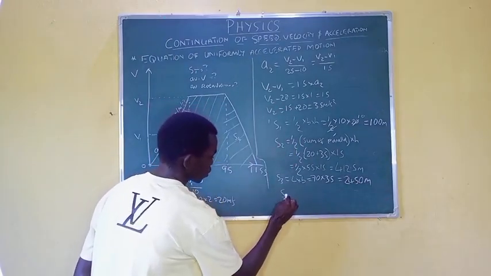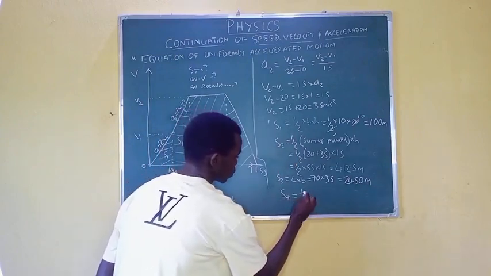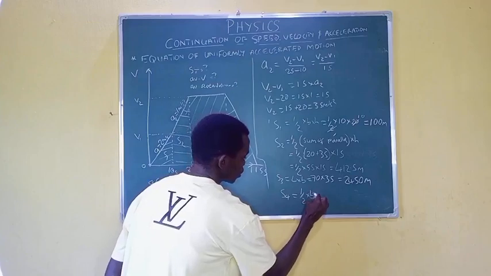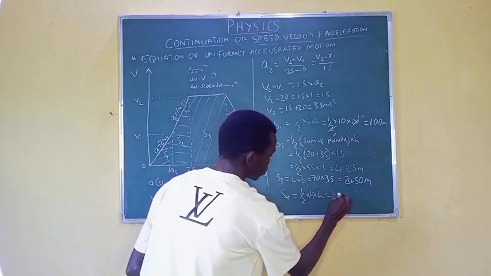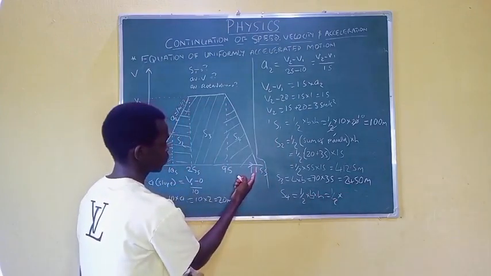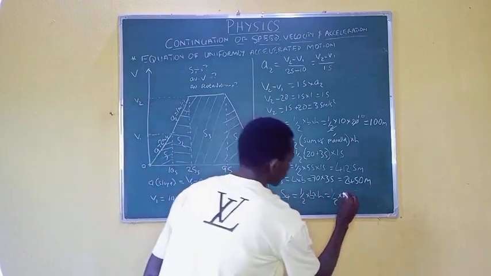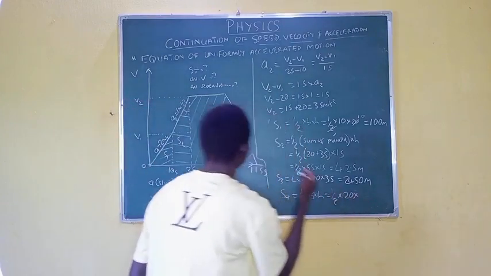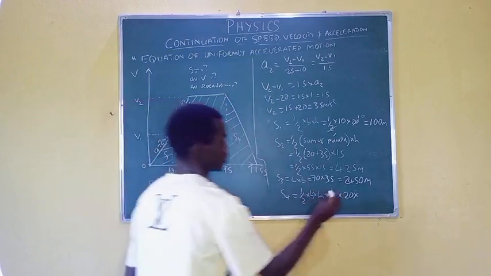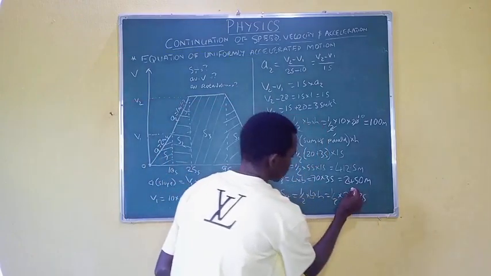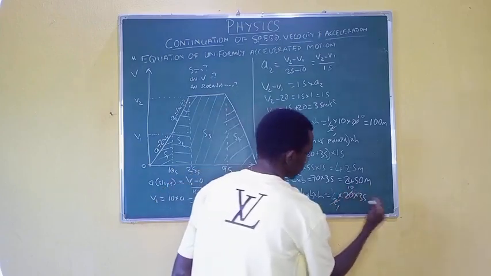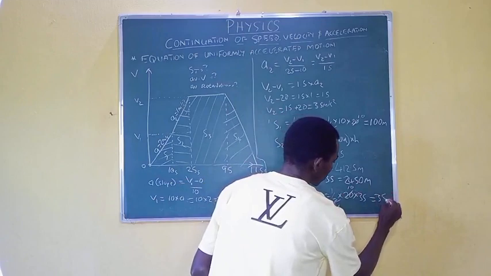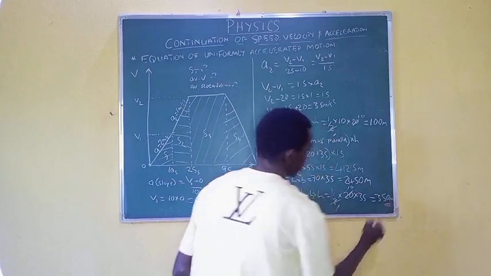Therefore, S4 will be 1 over 2 times breadth times height, which is 1 over 2 times 115 minus 95, we have 20, times the height, which is 35. This 2 goes here, we have 10, 2 goes here, we have 1. That is, we have 350 meters.